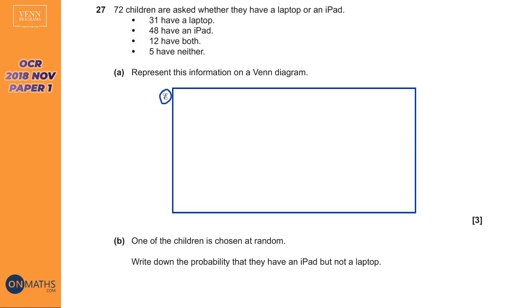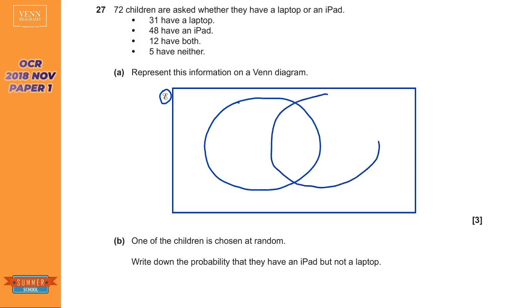Okay. So we first of all need to draw two circles, one for the laptop and one for the iPad. But to show both, we need the circles to overlap. I am not the best at drawing circles, but I'm going to try my best. Always make sure there's a nice healthy overlap when you do Venn diagrams.